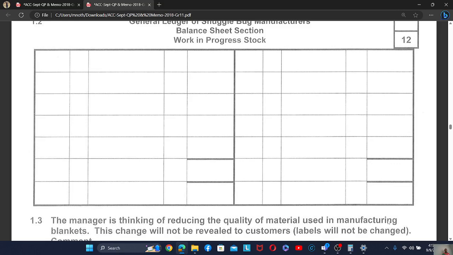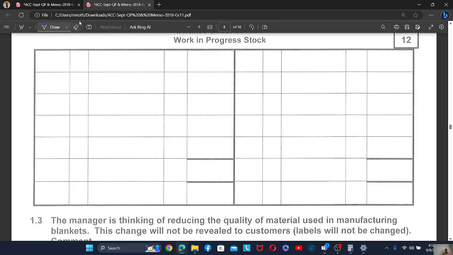Because the semi-finished goods can be turned into money. How? By selling them, right? Yes. So we are saying that the semi-finished goods are an asset, meaning that they increase on the debit side and decrease on the credit side.